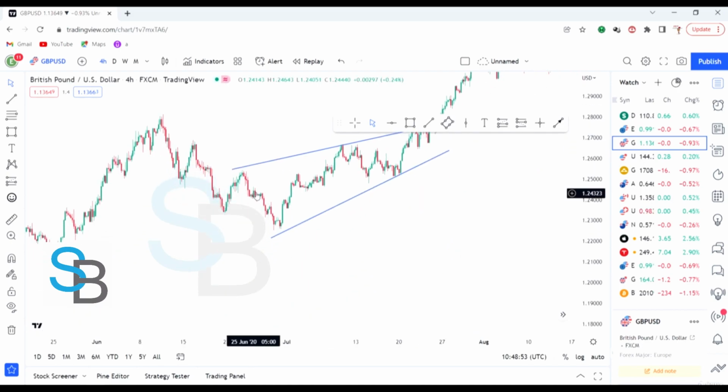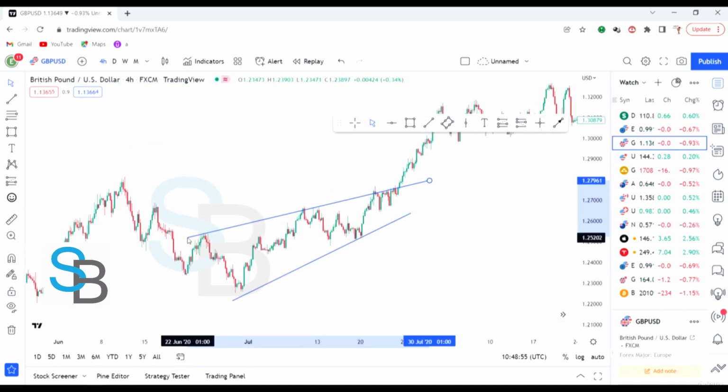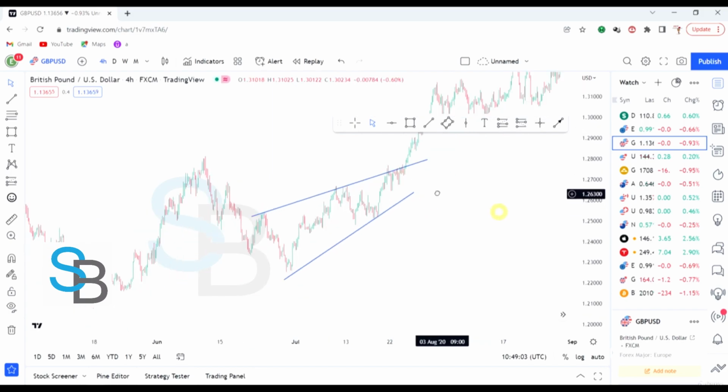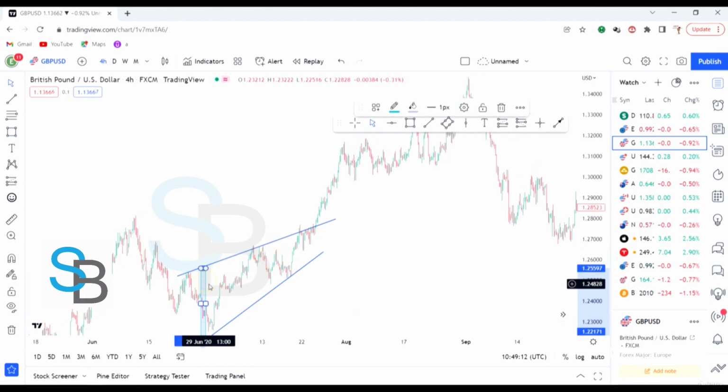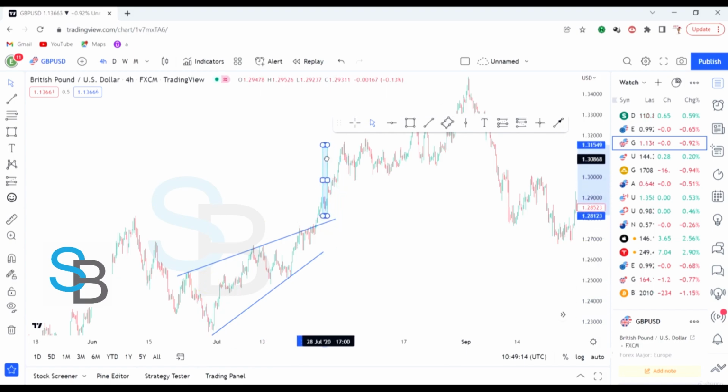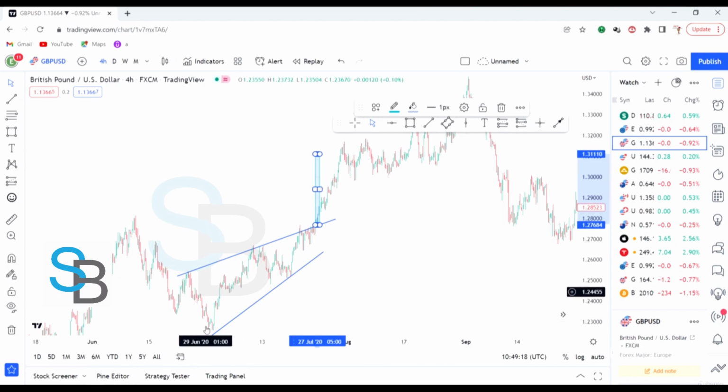You can see that the market came here, came down, hit here, came here, hit here, hit here, hit here, and then broke up to the upside. Now, if we are going to calculate the target, just draw the line here and then drag it to this point, and now we can see that the target is the same as the distance we made here.